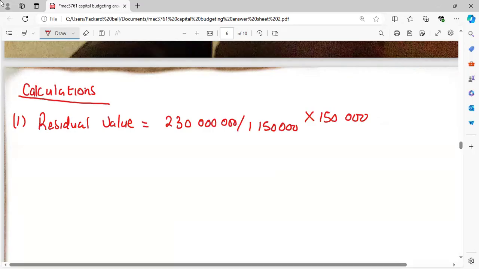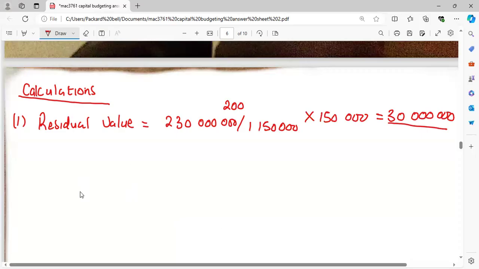So we have 200 minibuses times 150,000. That's 30 million, am I right? Yes, you are correct. Then this one is going to be 30 million. So this is the residual value. So under our residual value, we're going to have 30 million.